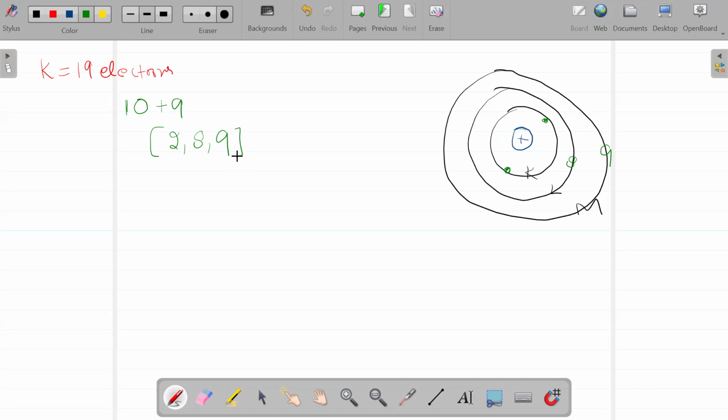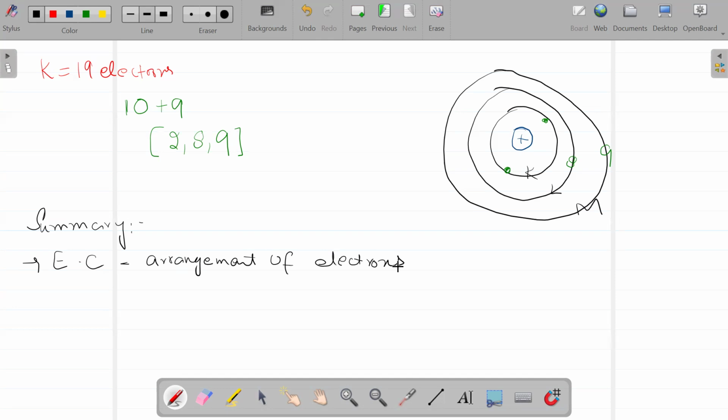So just to conclude the points I have discussed, I will make a little summary. We have discussed what is electronic configuration, which is the arrangement of electrons.